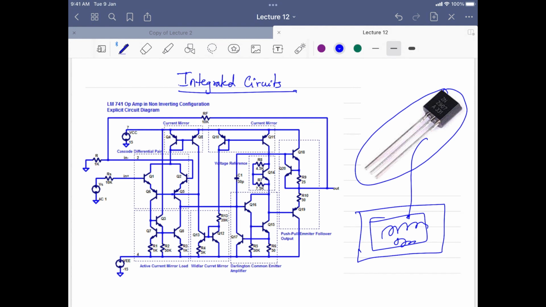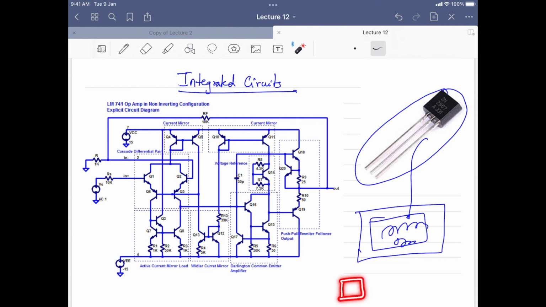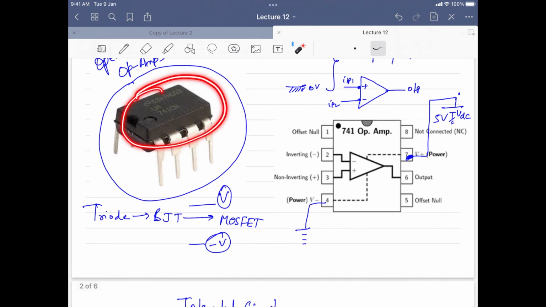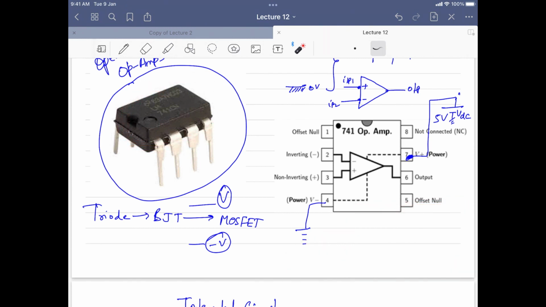But the idea of integrated circuit is how to compress this bigger space on a breadboard into a very small tiny space like this. If you see the op amp, this particular thing, it will be only this much, whereas on a breadboard it will take this much amount of space. So you can see how much space is reduced when you integrate the whole breadboard into a smaller space like this.